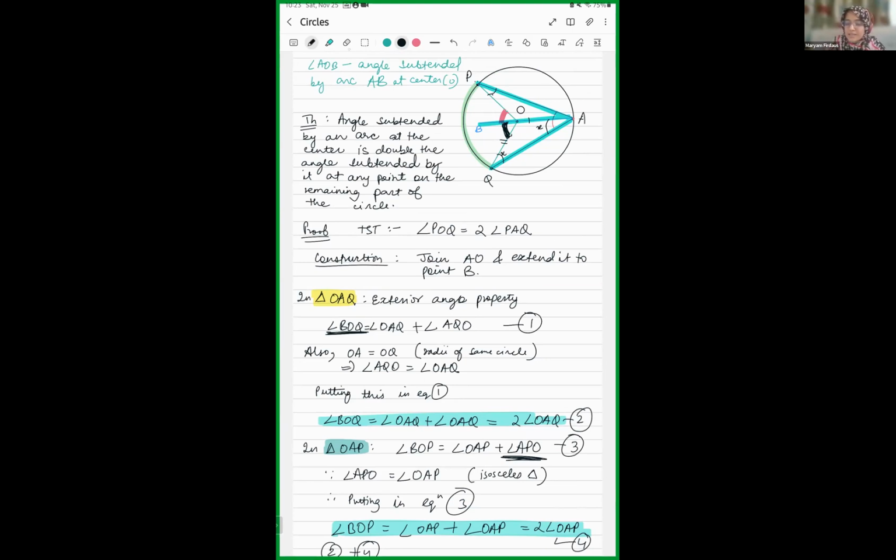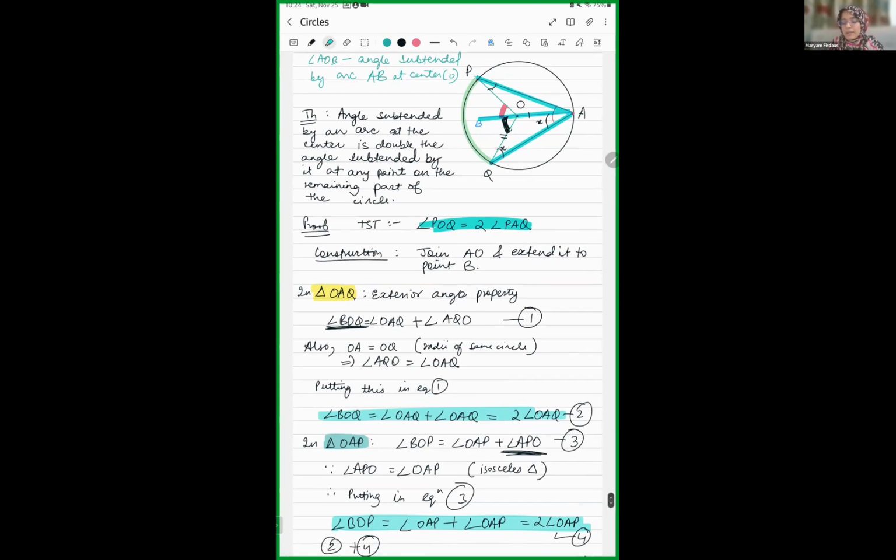That is exactly what we wanted to prove. The angle subtended by the arc at the center is double the angle subtended by it at any other point, which over here was A.